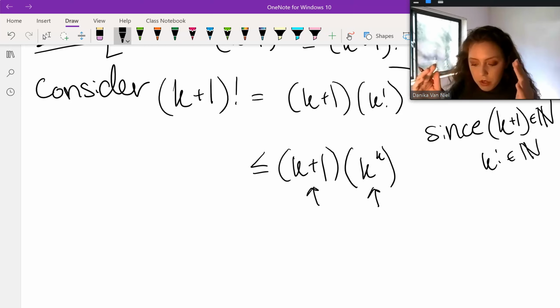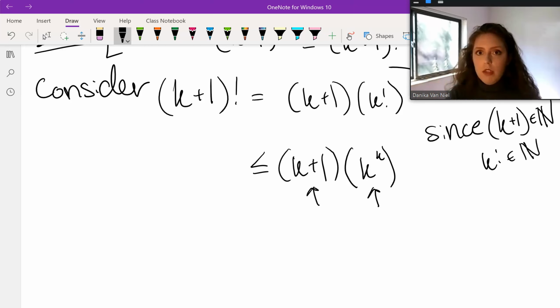If we do k plus 1, that could be bigger than or equal to what we already had. For example, if k was 0, then it would be 0 to the 0, which is 1. But if we did k plus 1, that would be 1 to the 0th, which is just 1. So those would be equal, but in pretty much any other scenario, it's going to be bigger.